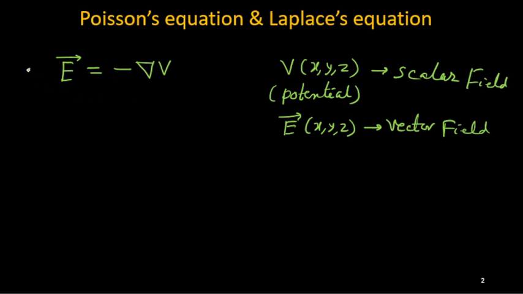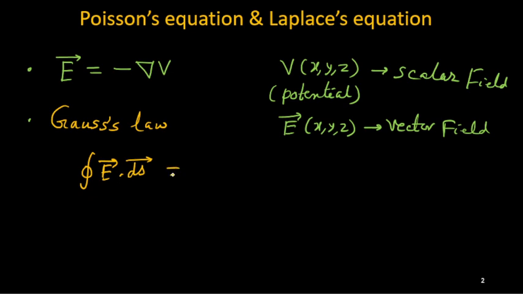This is first, and another one is Gauss law. We can use the Gauss law, and it says that the closed surface integral of E dot ds, this thing we have discussed in a detailed way, is total charge enclosed upon epsilon naught.